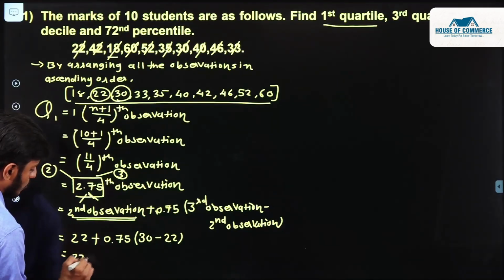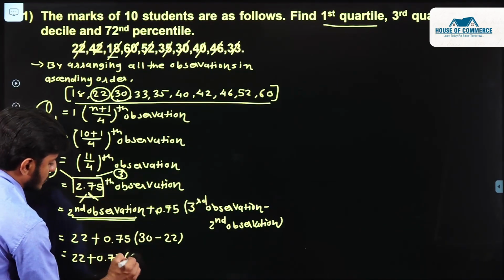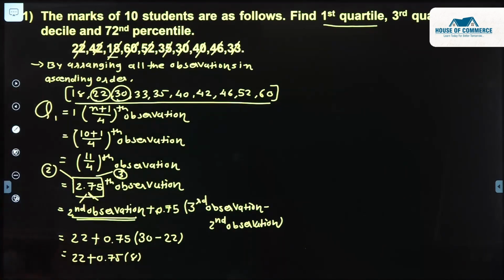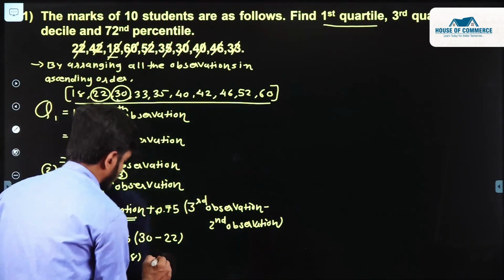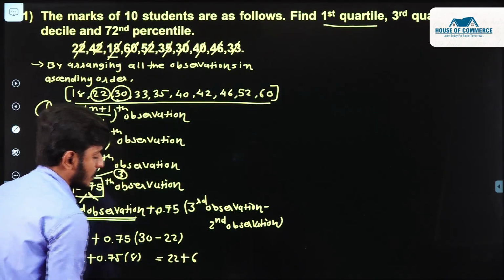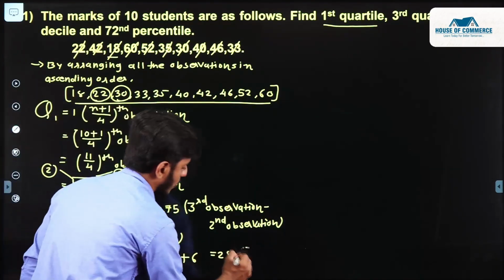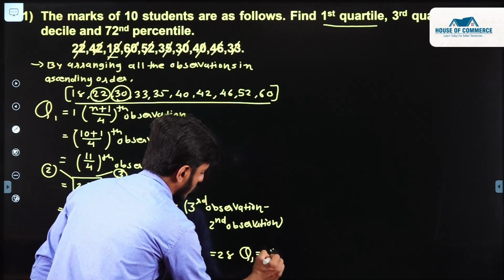Then we get 22 plus 0.75 times the difference of 30 and 22, which is 8. And if I multiply 8 with the 0.75, then I get the answer as 6. Then what will be my value? 22 as it is plus 6. What is the sum of 22 and 6? It is 28. So what will be the value of Q1? Q1 is equal to 28.